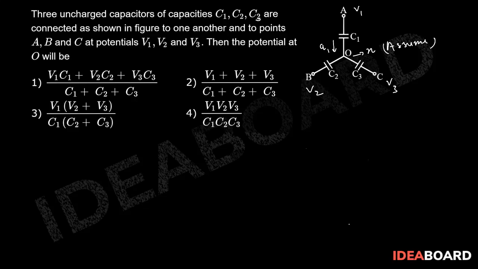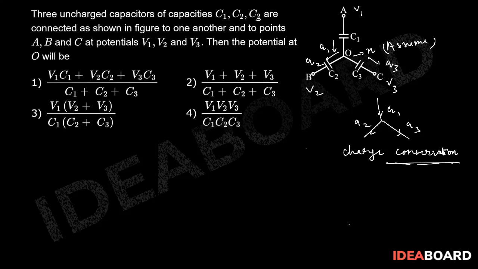If charge Q1 is flowing and getting distributed in these two lines, let's say Q2 and Q3, which are on C2 and C3 respectively, then from charge conservation we can say Q1 will be equal to Q2 plus Q3.